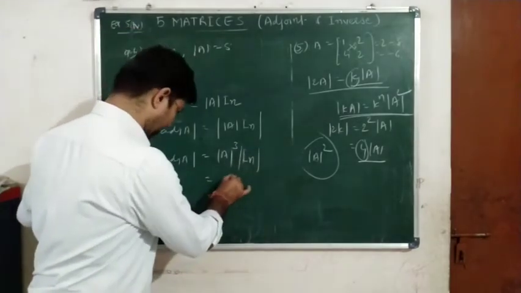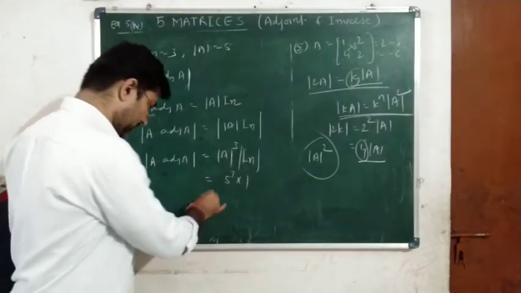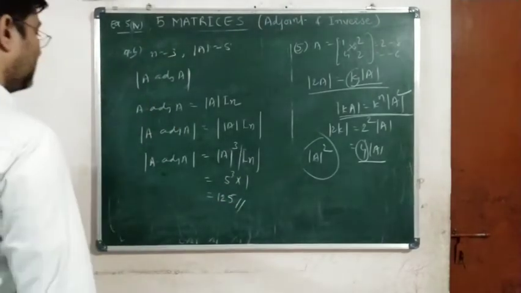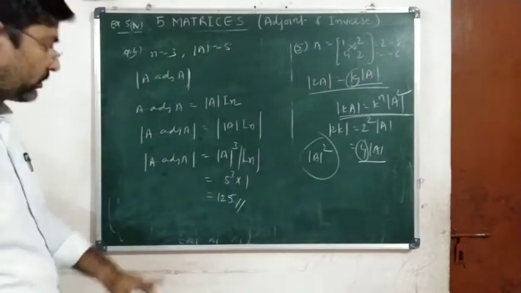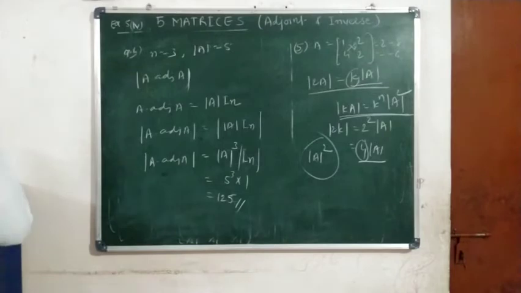Okay, so 5 raised to 3 into determinant of identity matrix, which is 1, so answer will be 125. Clear? So what answer they have given, 126, is wrong. You just make a correction, you write down it to be 125.